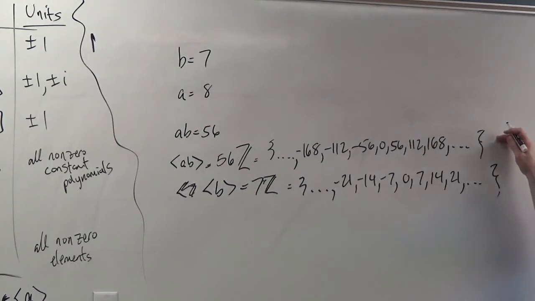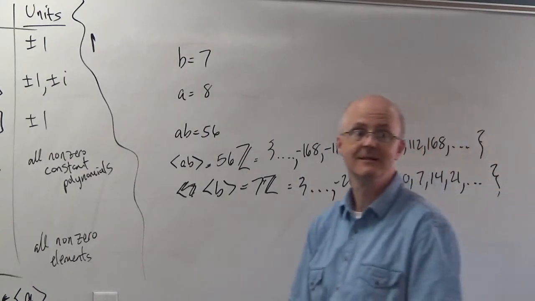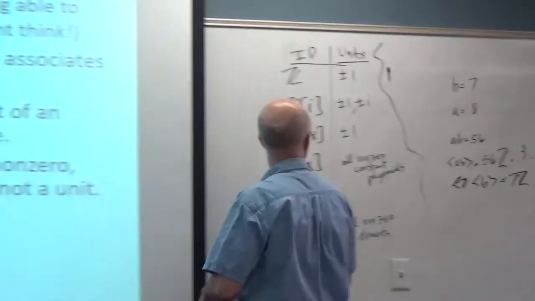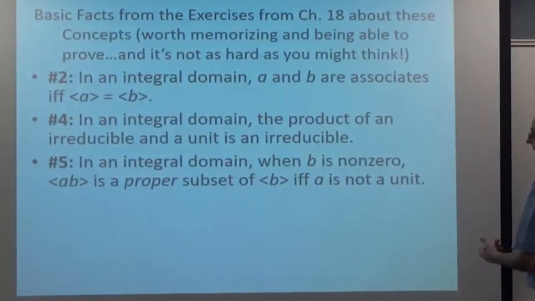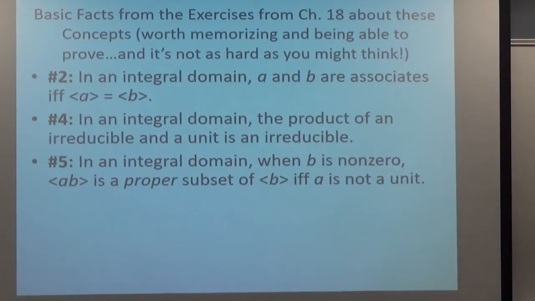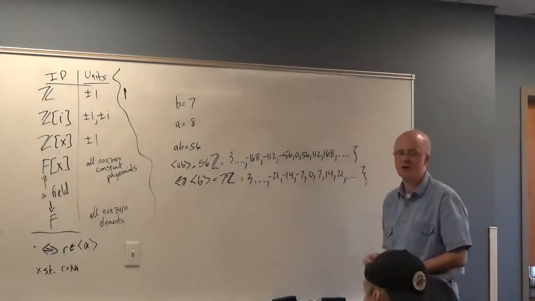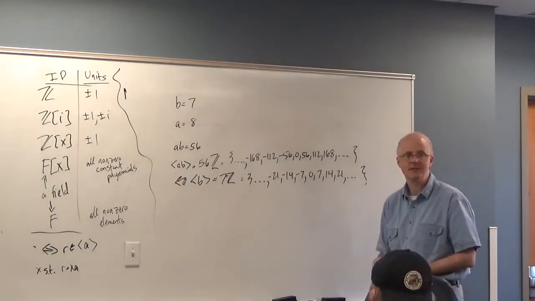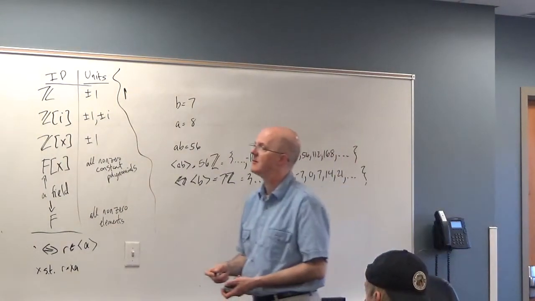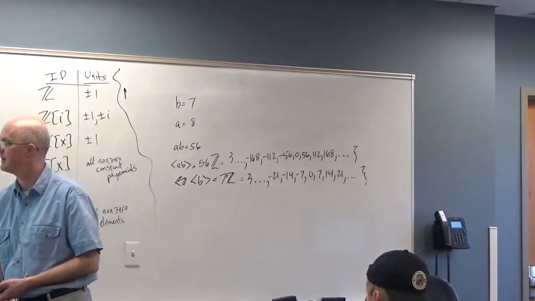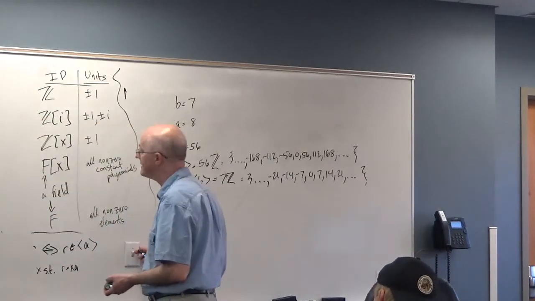These are all multiples of 7. And in fact, a proper subset. And that shouldn't be surprising by this fact, because A equals 8 is not a unit. If A were a unit, if A were plus or minus 1, we would get the same ideal as what we started with. So we get a proper subset if and only if A is not a unit.